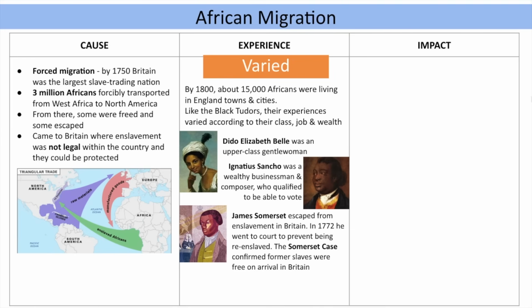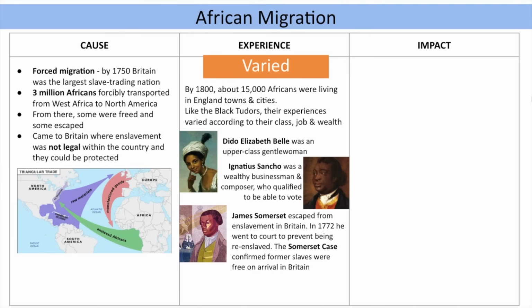And finally, the Somerset case, and this links to the cause that we just talked about and slavery not being legal in Britain. James Somerset had been enslaved in the Caribbean, and he'd been brought to Britain by his master, and he had escaped. His master was basically trying to kidnap him to return him to the Caribbean, where he would be considered a slave again.